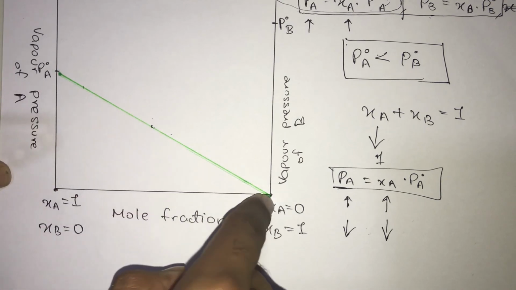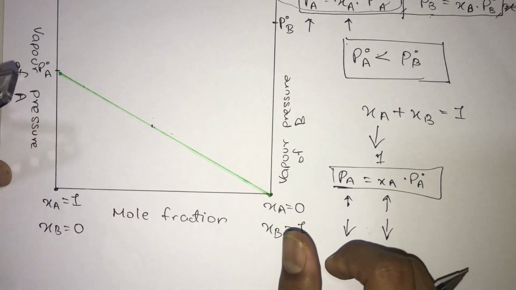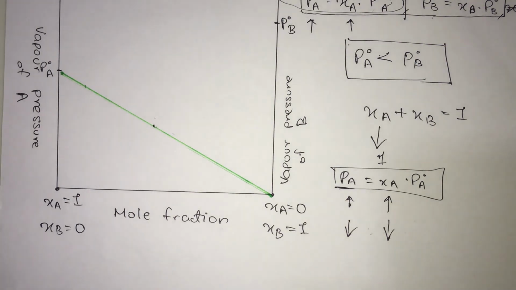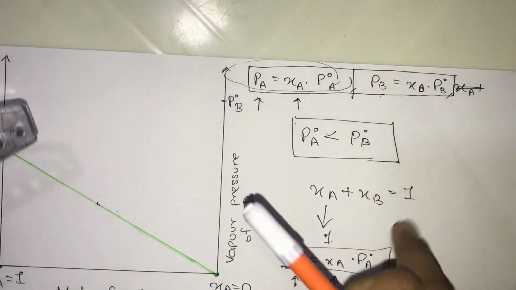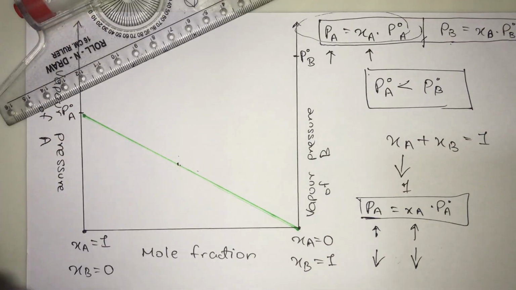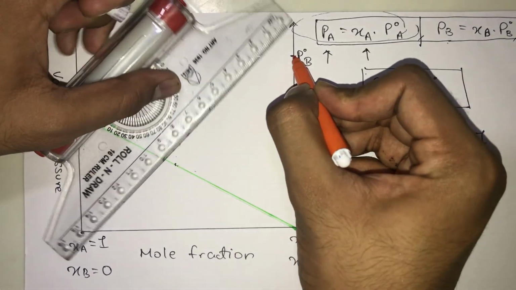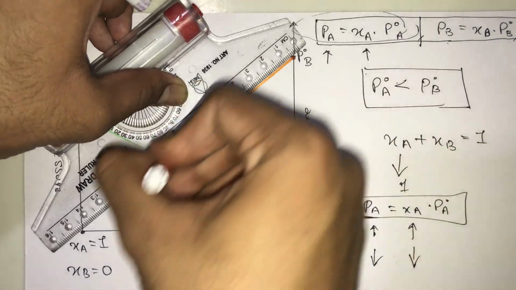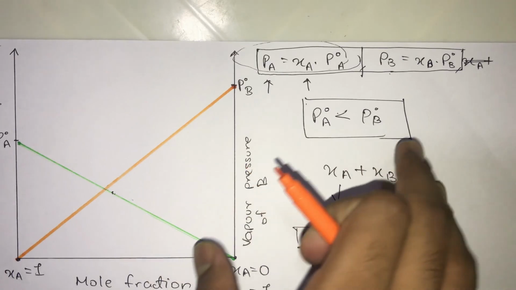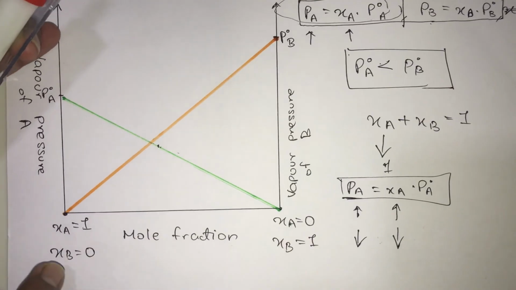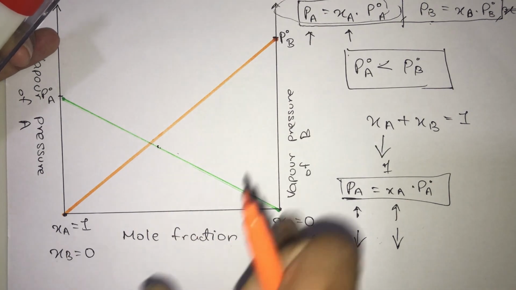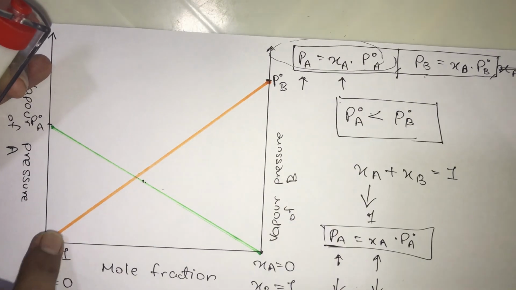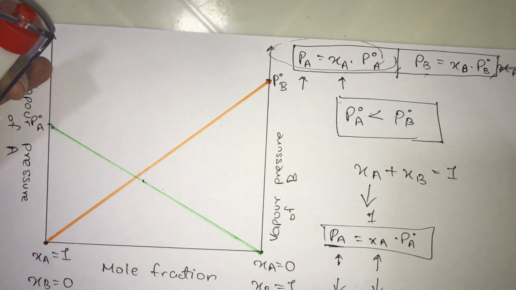So it's a lesser value that we are going to get. Similarly, you can draw a graph over here for this equation as well. Over here I'm going to get a graph somewhat like this. Why? Because as we move from left to right, the value of XB is increasing from 0 to 1, therefore we are going to get an upwards graph which is over here.